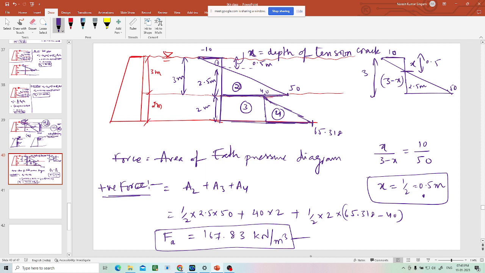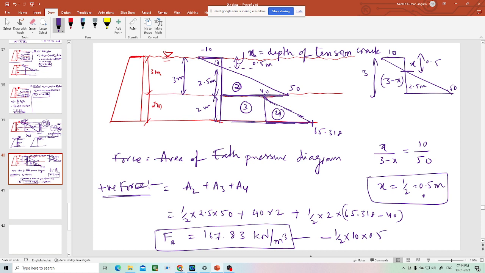If they don't mention, and if they mention, then you can deduct this much area. How to deduct? Minus half into 10 into height 0.5, right? 10 by 4, so 2.5. You just have to deduct 2.5 from it. It's not much force, isn't it?